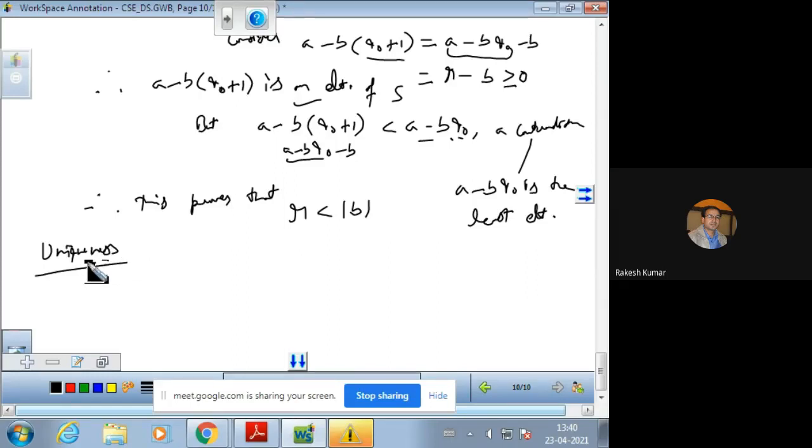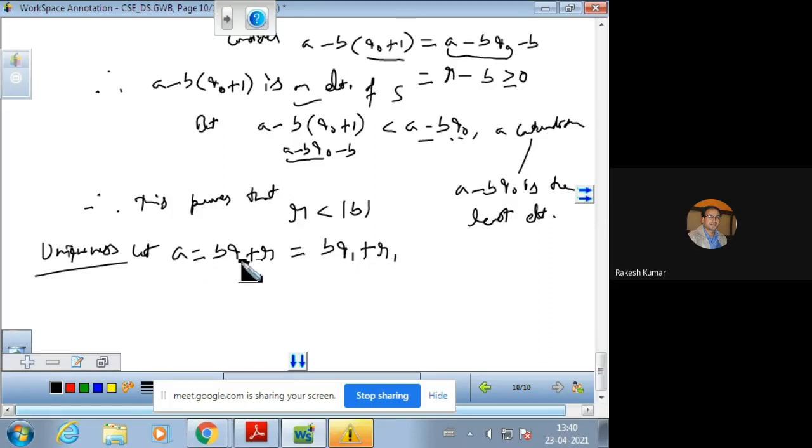Now uniqueness is very important. क्या ये unique है? So for this we have to take a is bq plus r, and that can be written as bq1 plus r1.